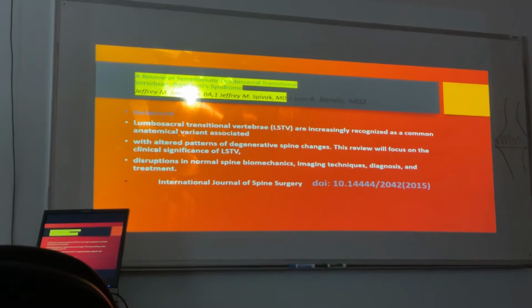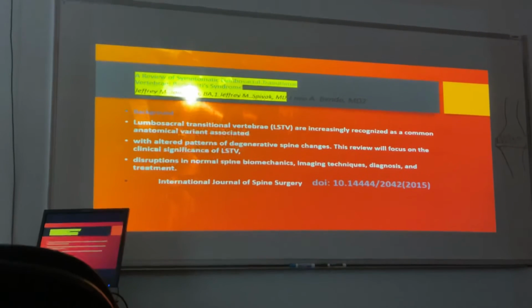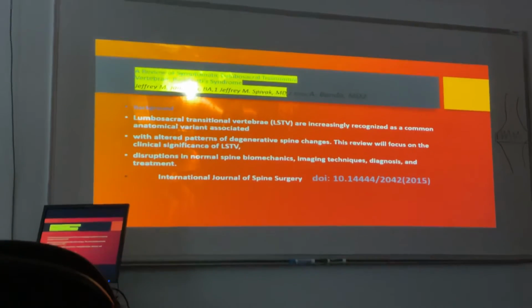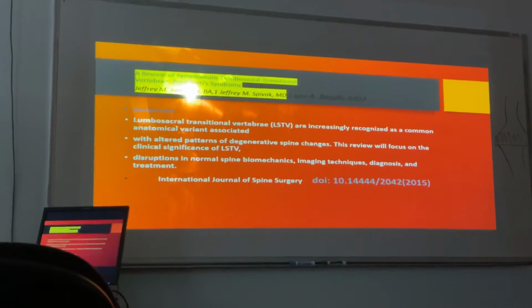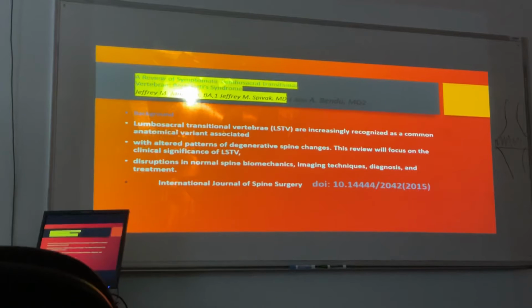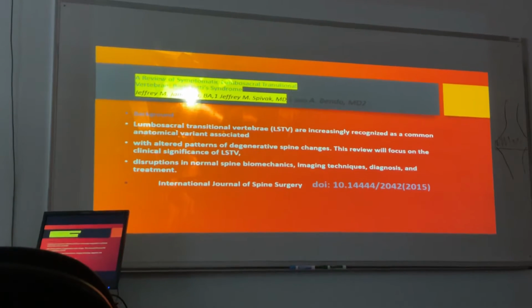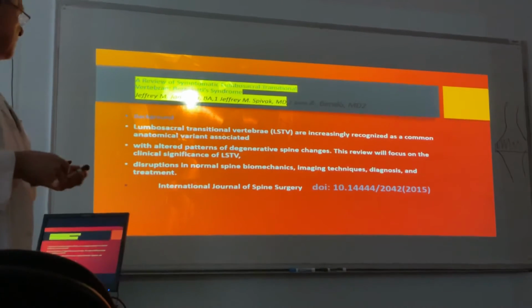But what these people are now saying is, yes, depending on which camp you're in, if you have unilateral pseudoarthrosis or bilateral arthrosis, there is a much higher association of back pain, okay? The story's to be continued. And they're comparing what we see on MRI, which patient cohorts are we comparing against? All right.